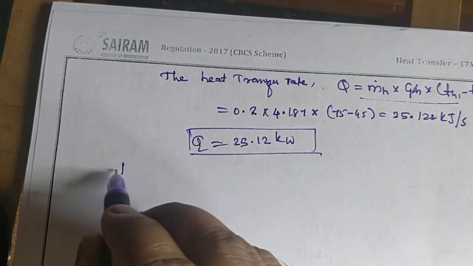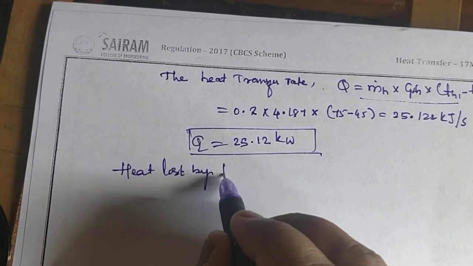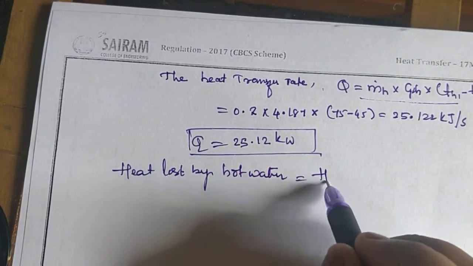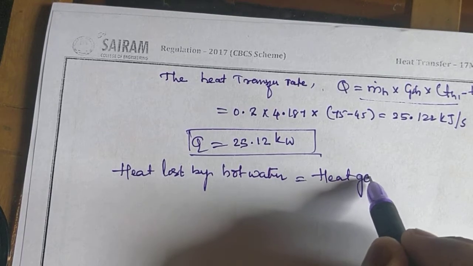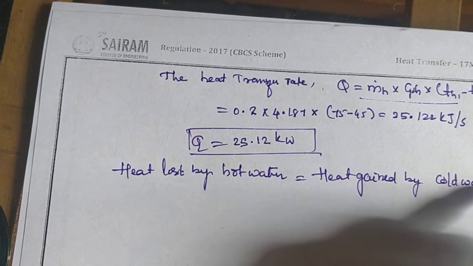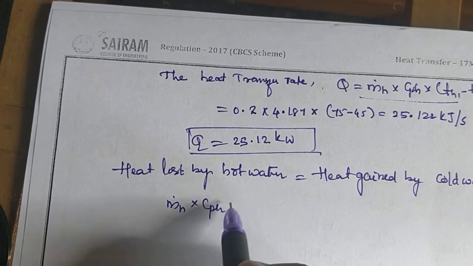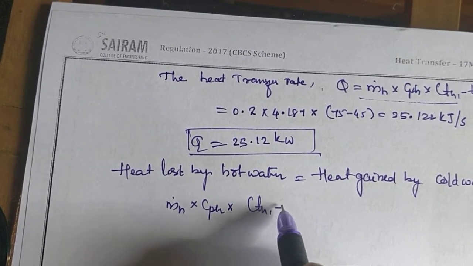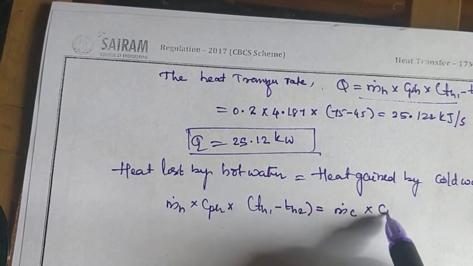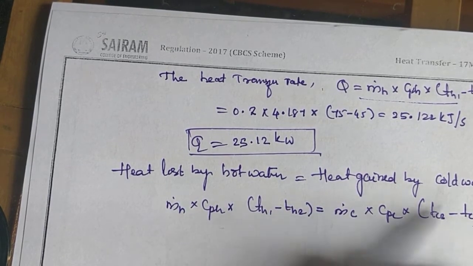Now the energy balance: the heat lost by hot water is equal to the heat gained by cold water. So mH CPH into TH1 minus TH2 is equal to mC CPC into TC2 minus TC1.